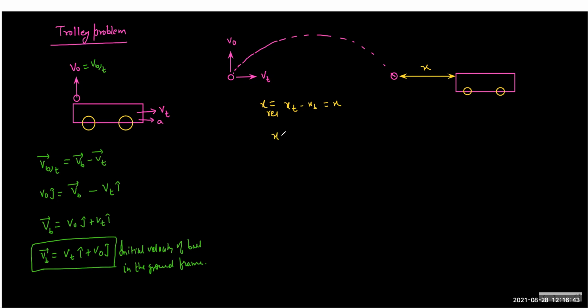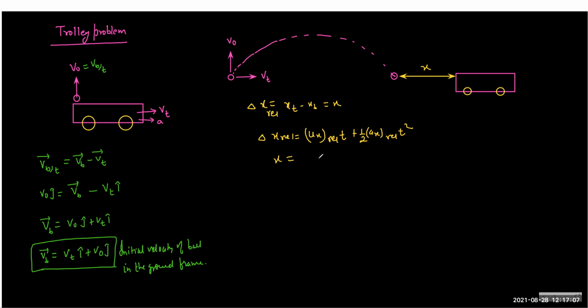Why? Because it's a very simple formula: delta x relative is ux relative into t plus half ax relative into t square. This we are trying to find, which I'm calling x.